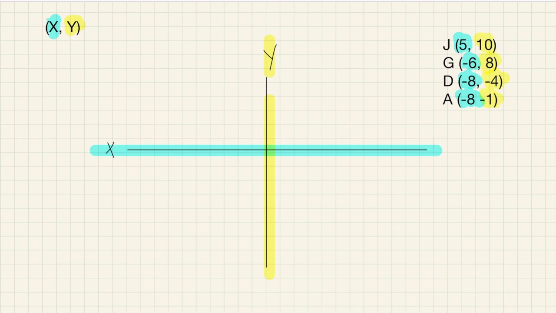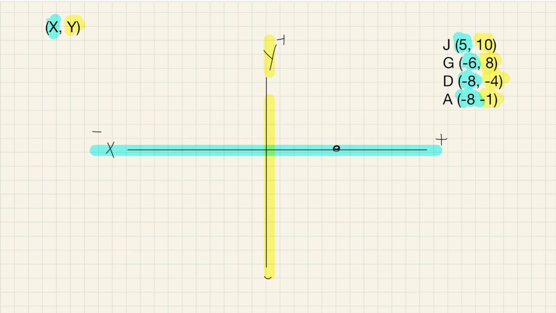What that means is for this first value, we start with our x value first, so 5. So I'm going to go to the positive 5 on the x-axis. So 1, 2, 3, 4, 5 is right here.